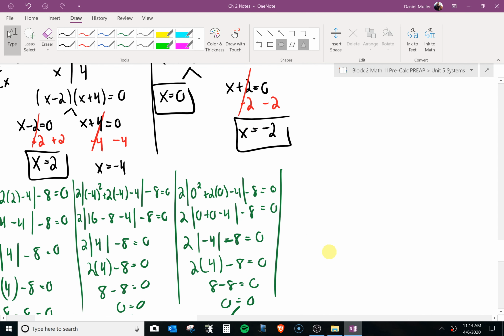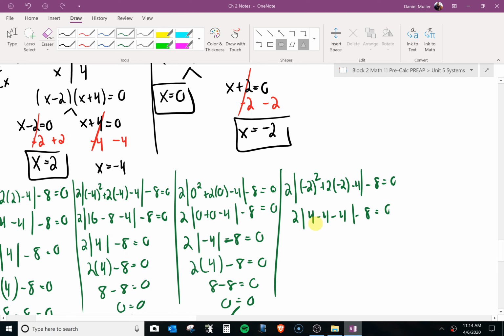Maybe this one won't. 2 times the absolute value of x squared. X is negative 2. Remember, if x value is negative, you have to put it in brackets because you're squaring the 2 and you're squaring the negative. So x squared plus 2x, x is negative 2, minus 4, all in absolutes, minus 8 equals 0. Negative 2 squared is 4. 2 times negative 2 is negative 4, and another negative 4, minus 8 equals 0.